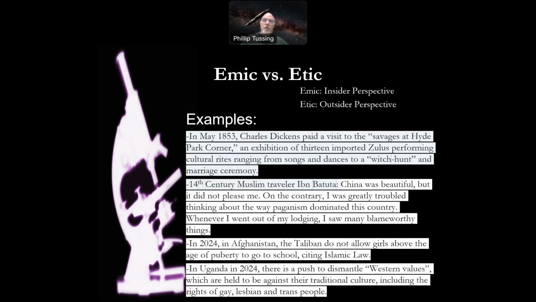And consequently, he viewed people from Africa as being savages. This kind of perspective also applied to Native Americans, not only in the United States, what later became the United States.